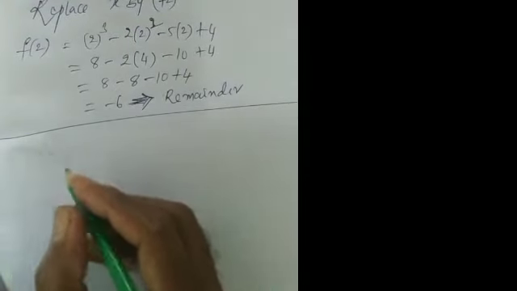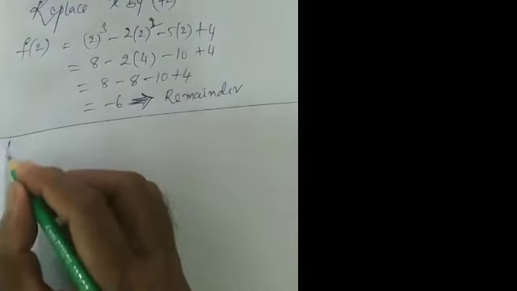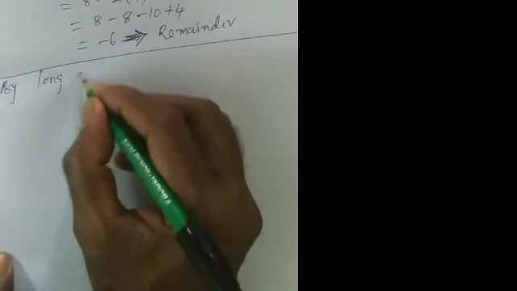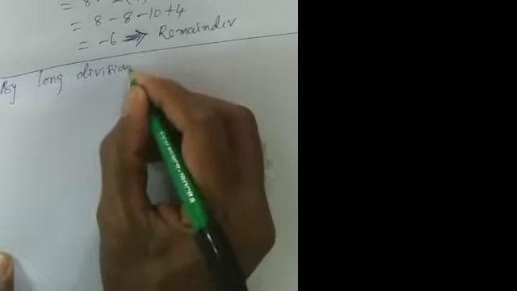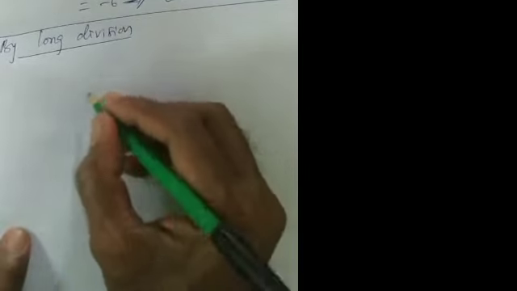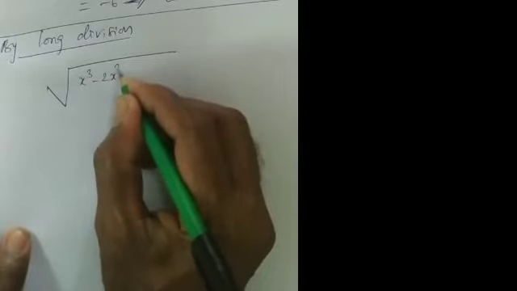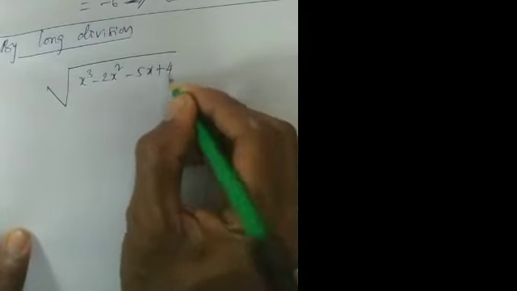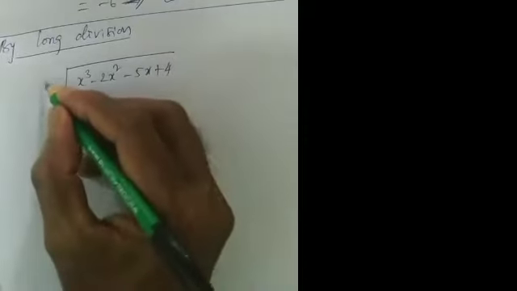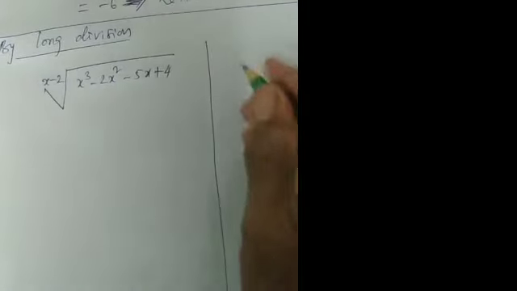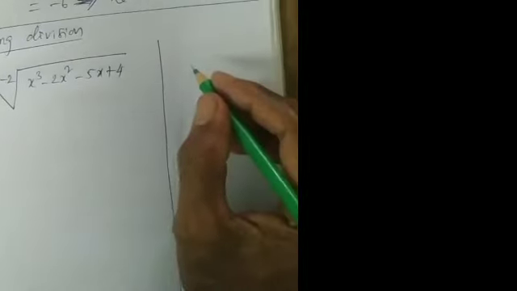Now we can check this by long division also. In long division, the first step is to check whether the dividend is in descending order or not. Is there any term missed or not? First check it. Here none is missed. x cube minus 2x square minus 5x plus 4, all terms are there.